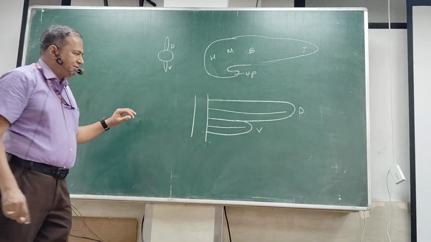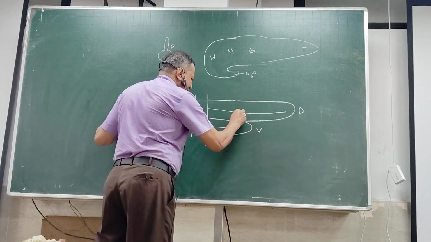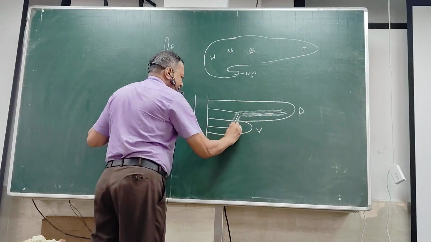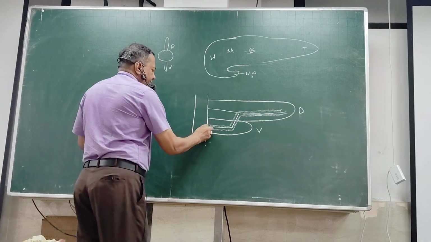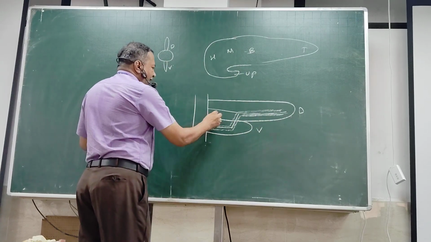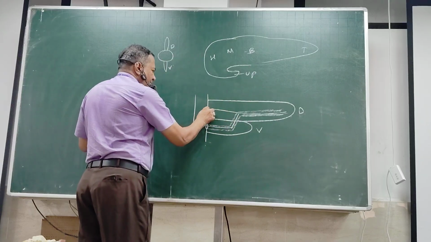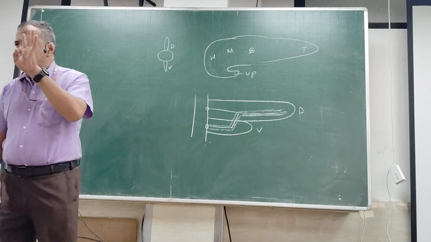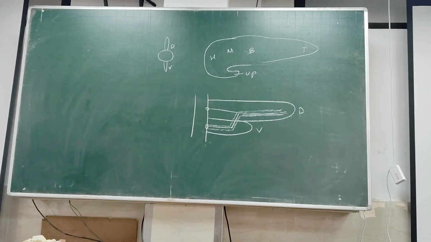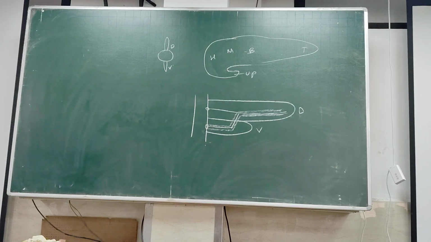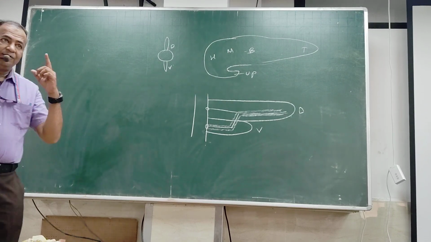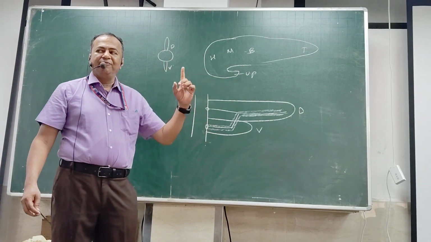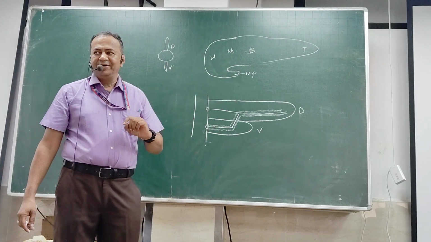Now what happens is, they join here like this. The main pancreatic duct develops from here, which opens on the major duodenal papilla. The accessory pancreatic duct opens on the minor duodenal papilla. Okay? Now, if I am asked the development of the pancreas, I say the pancreas develops from the ventral and dorsal pancreatic bud.